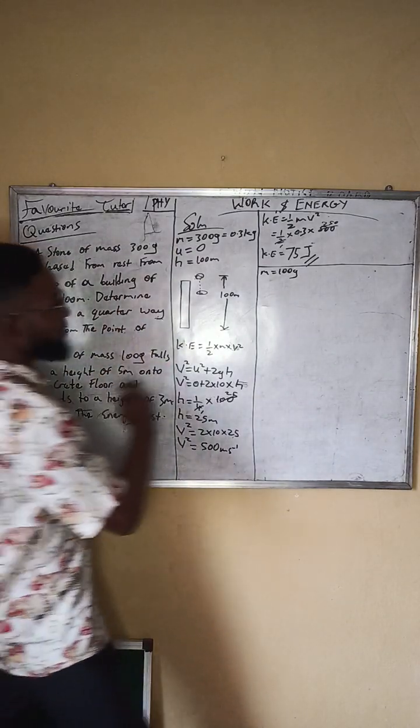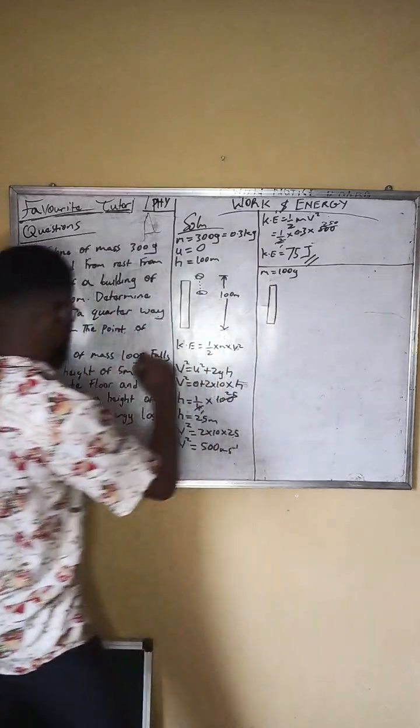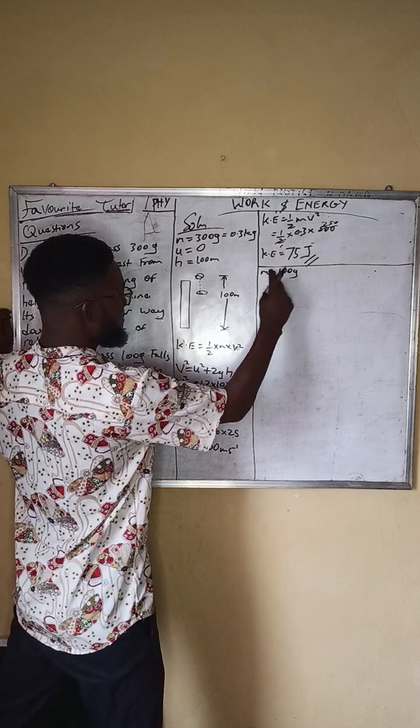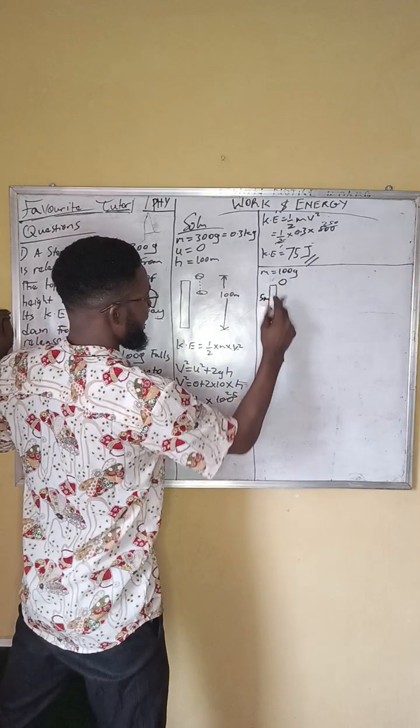Okay, let's use a diagram to illustrate this. This is the height, the ball is here, and this height is 5 meters.